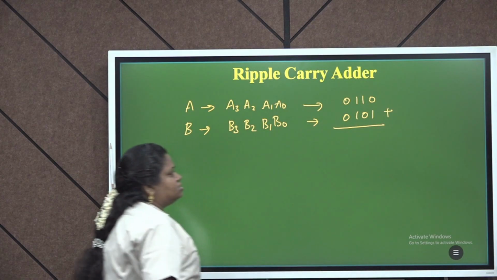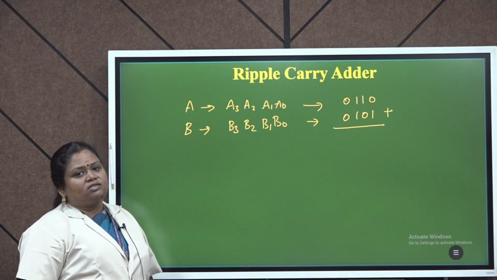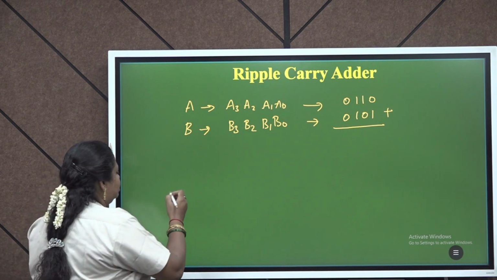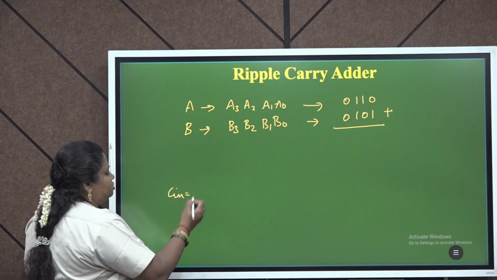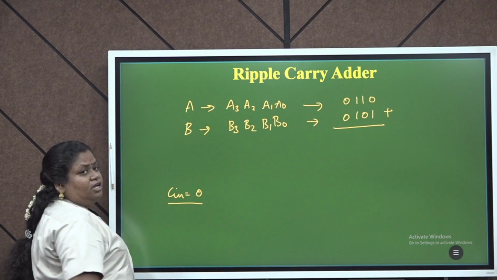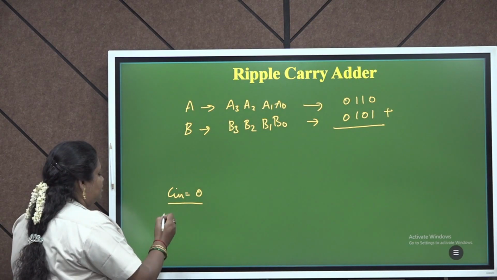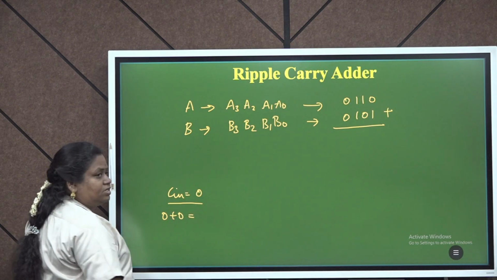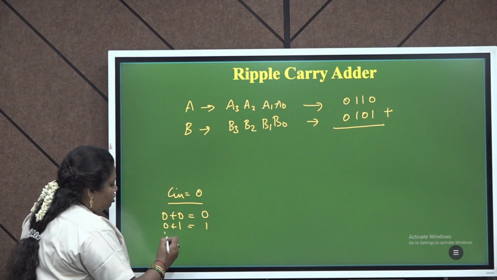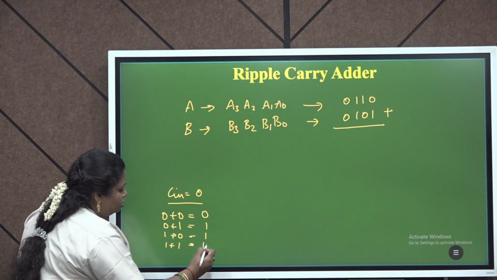Now we want to do an addition. Since it's a ripple carry adder, an adder circuit, we are going to do an addition process. As I informed earlier, we need to consider the C in. The initial carry C in will always be 0. And we also need some rules in our addition. The rule is: 0 plus 0 is equivalent to 0, 0 plus 1 is equivalent to 1, 1 plus 0 is equivalent to 1, and 1 plus 1 is equivalent to 1 0.